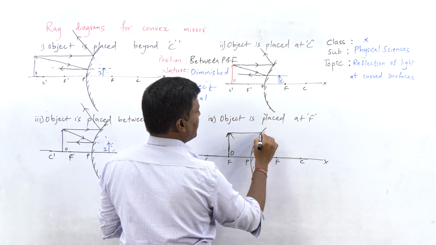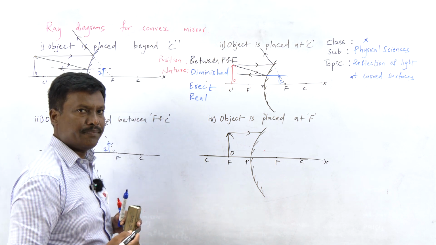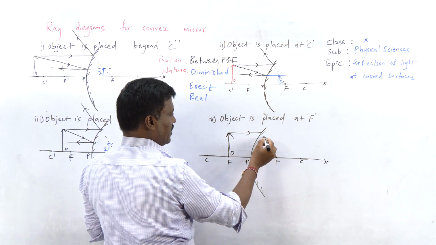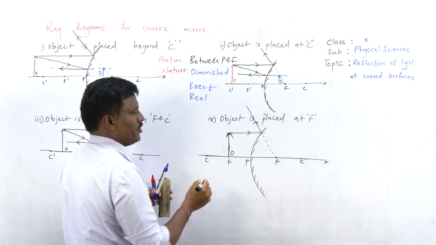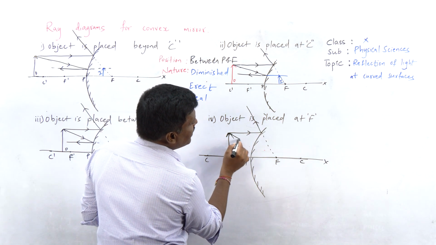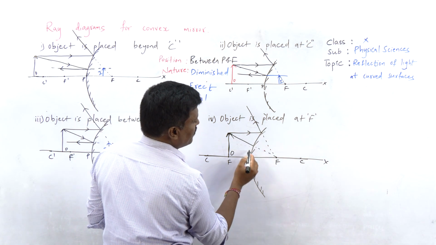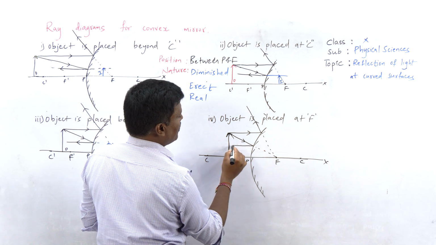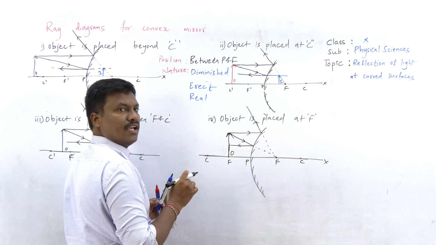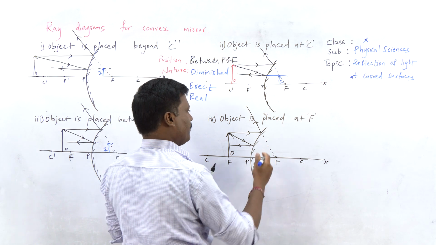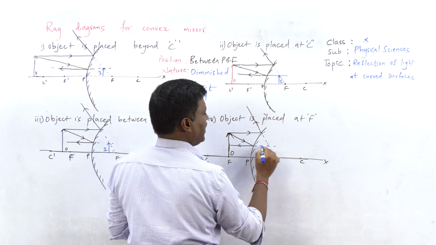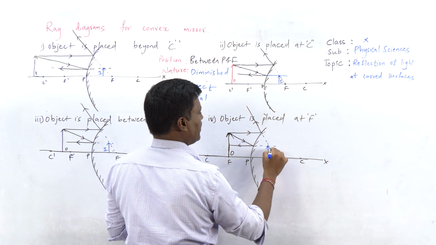Rules: a ray passes parallel to the principal axis. After reflection it seems to diverge from the focus. Rule number 2: a ray that seems to pass through the focus, after reflection, passes parallel to the principal axis. When we extend them, they are meeting here. So the image is formed here.